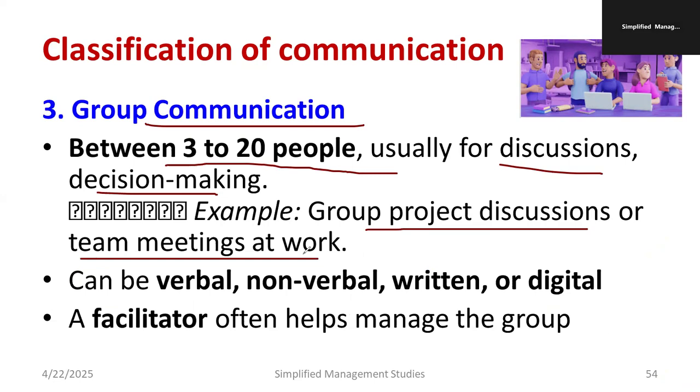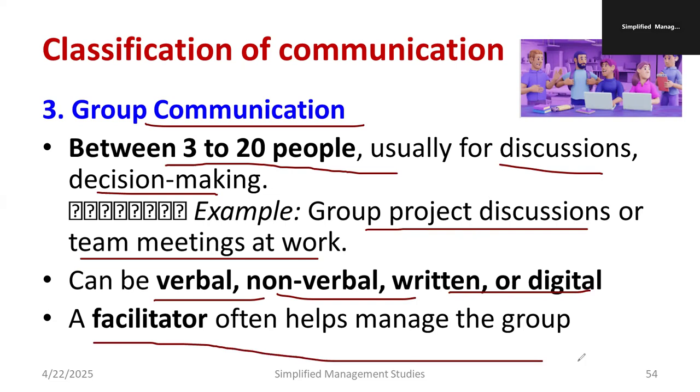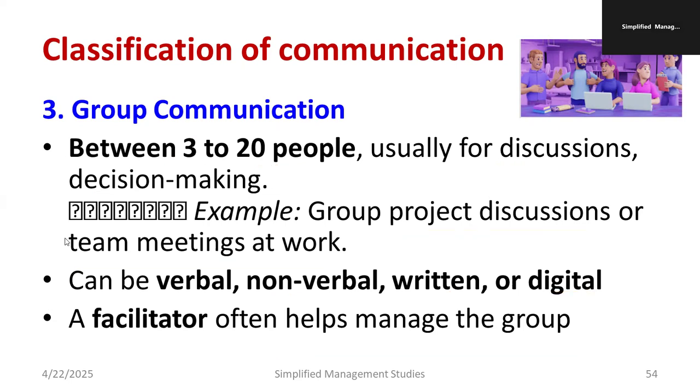I need to complete the project by the next meeting. As a project manager, I'm going to call a meeting, and in that I'll be asking for the progress from each team member. It can be verbal or non-verbal, written or digital. A coordinator, or we can call it a facilitator, helps to manage the group. There is a team leader. He is going to arrange the meeting and he is going to make a summary.